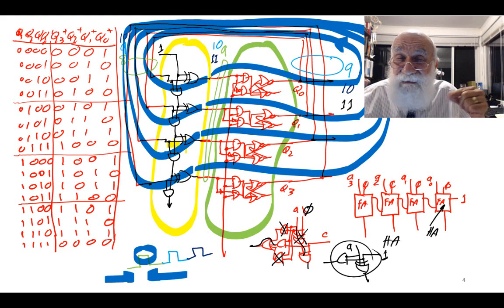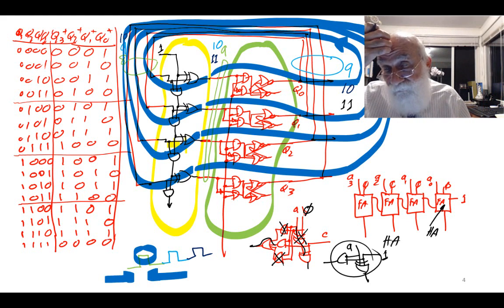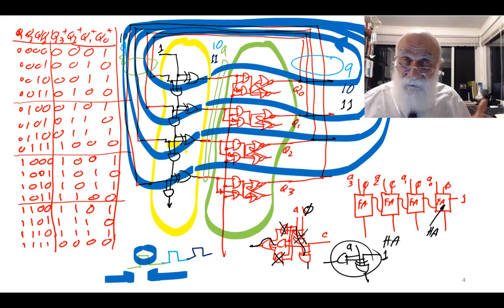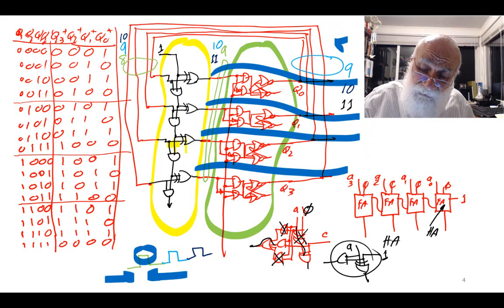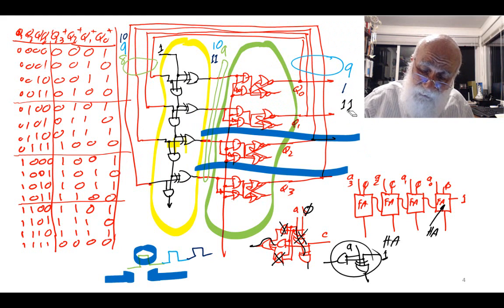Actually, if you build it in a laboratory, it will be very, very difficult to get it to work. Okay? And if you get it to work now, then a few seconds later, it's not going to work. So even though this looks pretty good as a counter, it doesn't work.